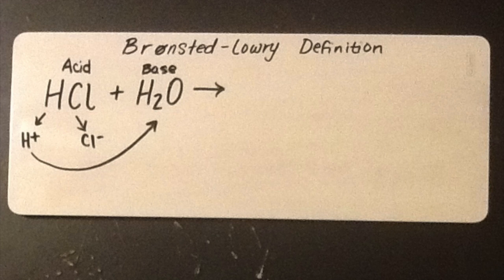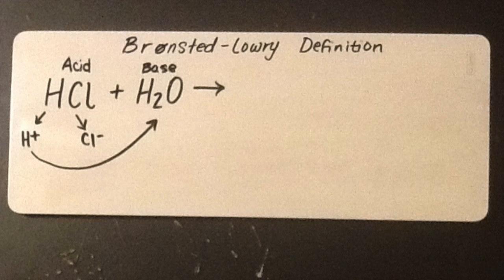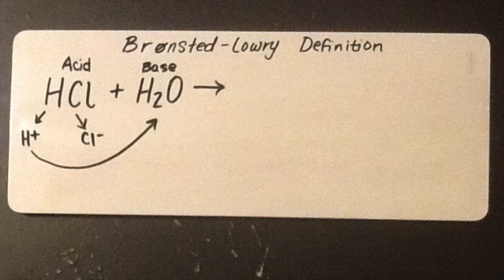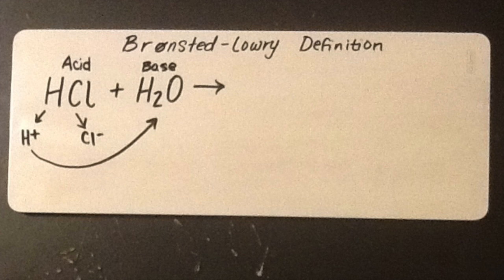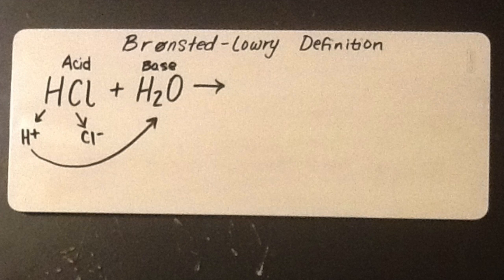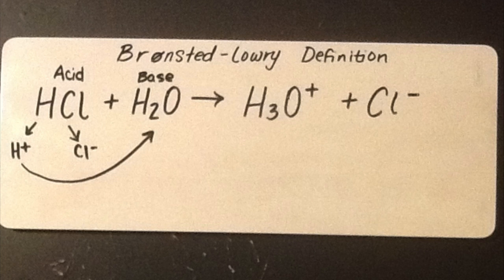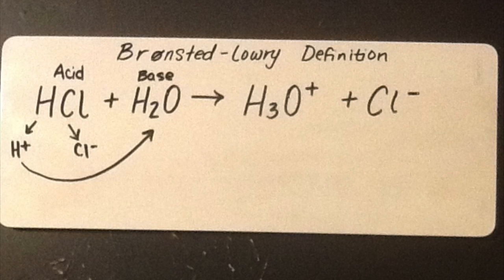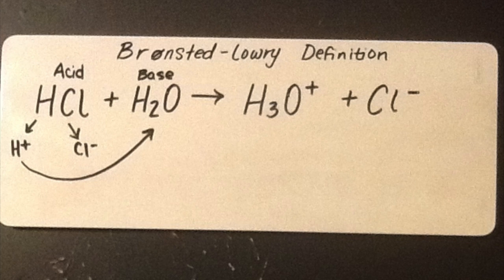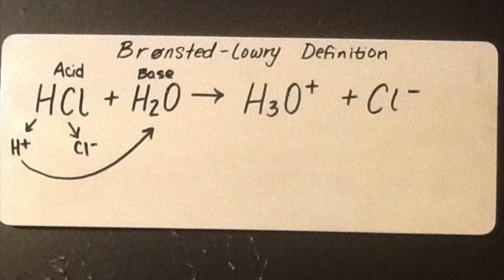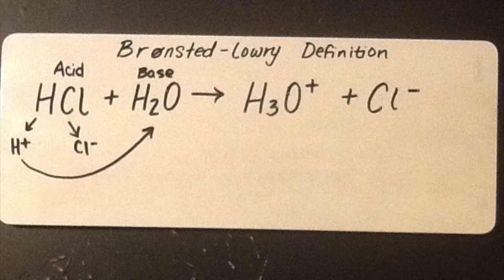So in the Bronsted-Lowry definition of an acid and base, while HCl is an acid donating a proton, water is actually considered a base by accepting that proton. The products of that reaction are the hydronium ion, H3O+, and the leftover chloride ion, Cl-.